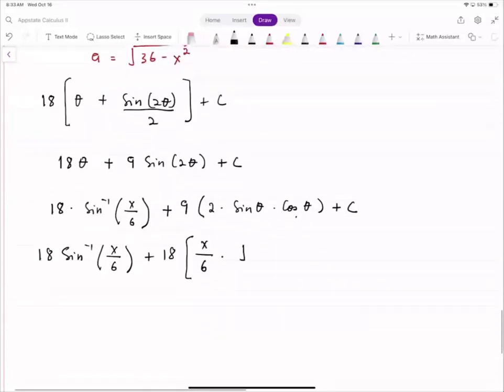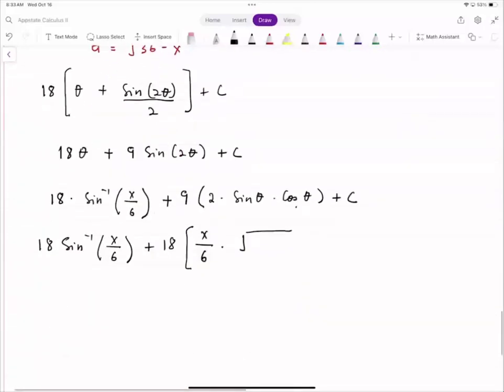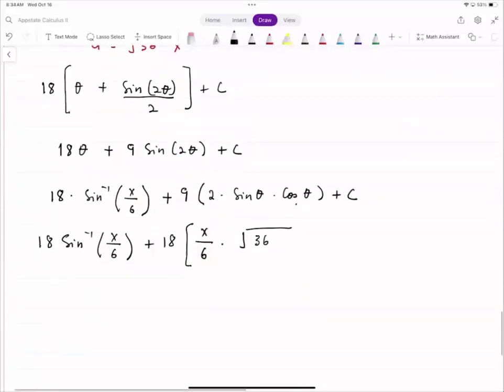And so we try to put that here. So that gives you the square root of 36 minus x squared divided by 6 plus c.